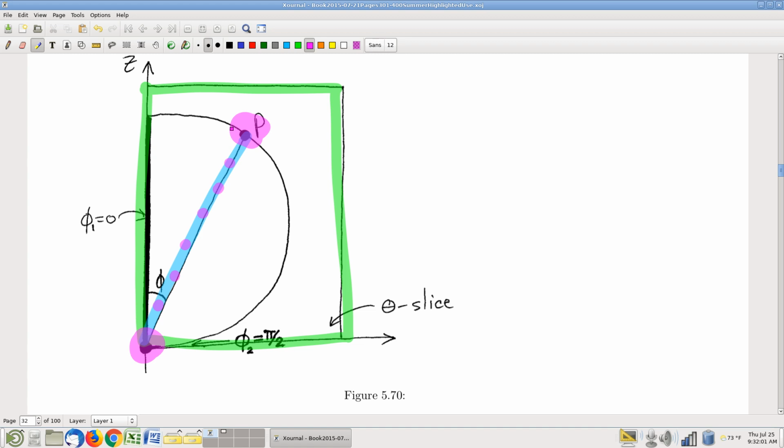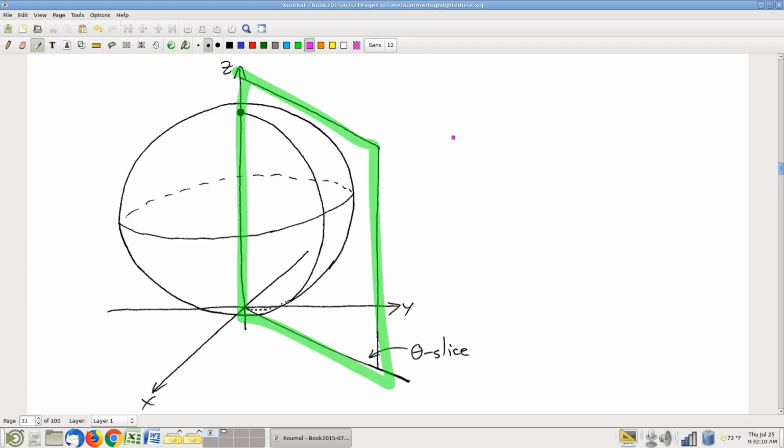Well, just keep in mind what we're looking at here is a theta slice of our original solid. Let's go back and look at this picture. We're talking about points there, and then on our phi slice up to here. So we're talking about actual points on the surface of the sphere. This one, you can see right there, it's at the origin. Rho is 0. That's a freebie.